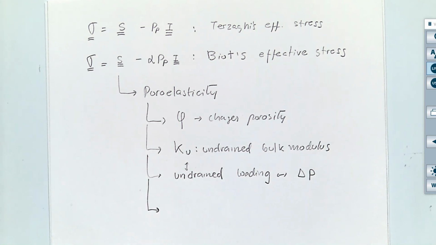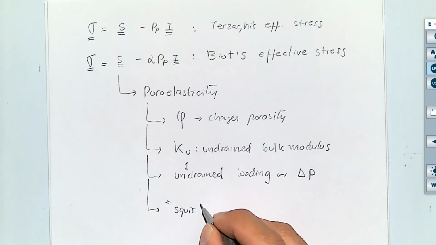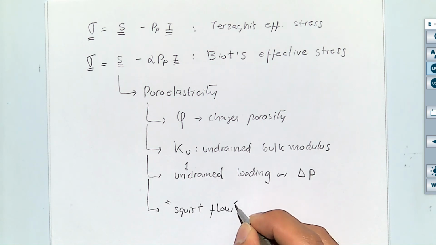If you are a geophysicist, you're going to be very interested in using poroelasticity for something which is called squirt flow, and basically means that when you compress a rock, and if you have a fluid inside, the fluid is going to try to get out of the rock.